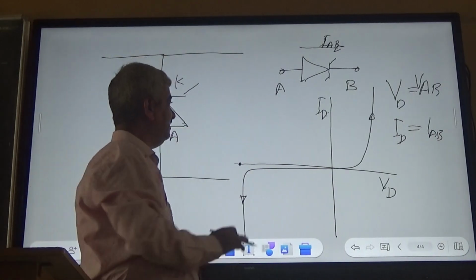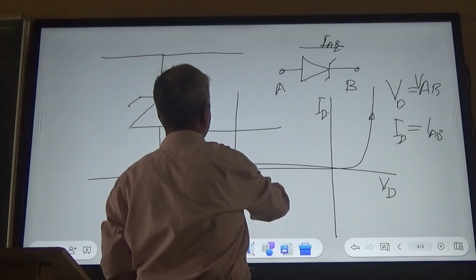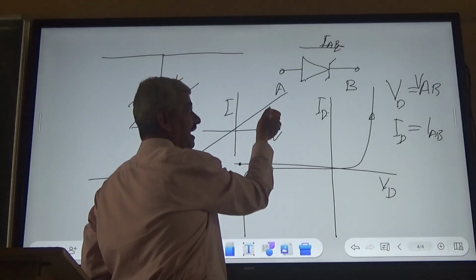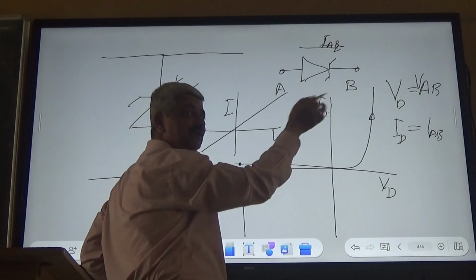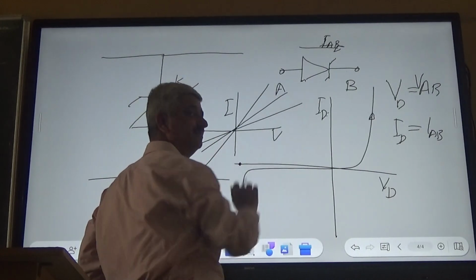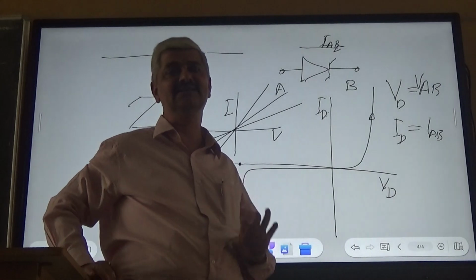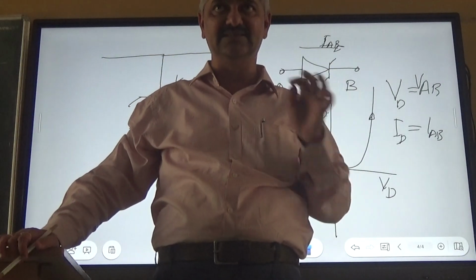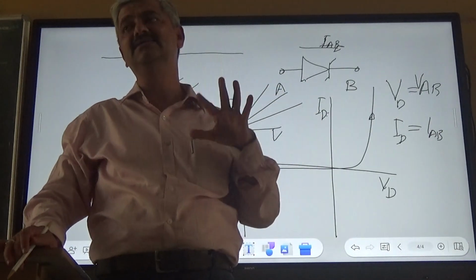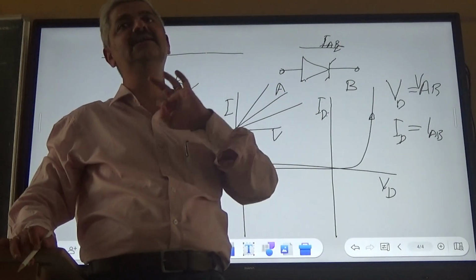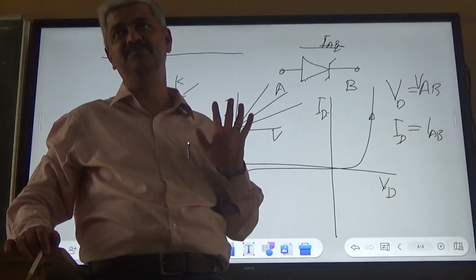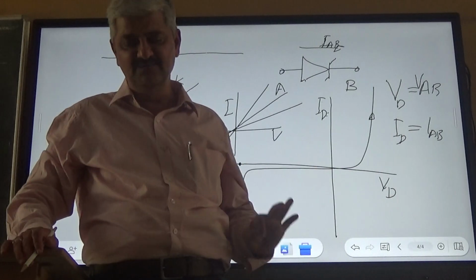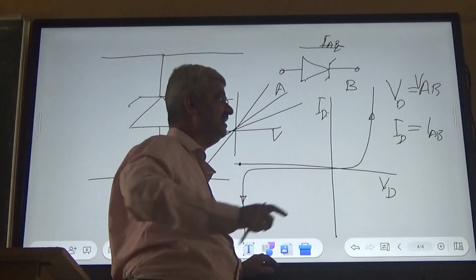What is a resistor? You know this is a resistor, right? V and I, and depending upon the resistor, the slope changes, right? So a resistor is a linear device where there is a linear relationship between voltage and current. Whereas a diode is a non-linear device which has this relationship.